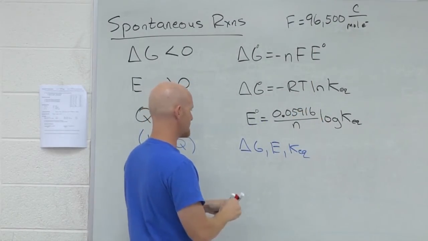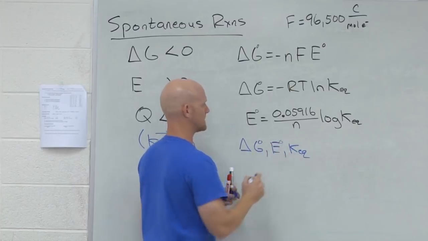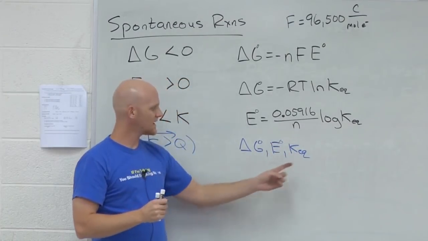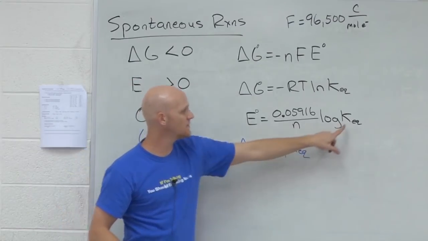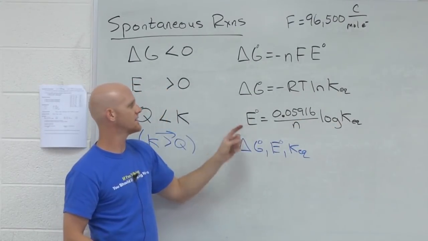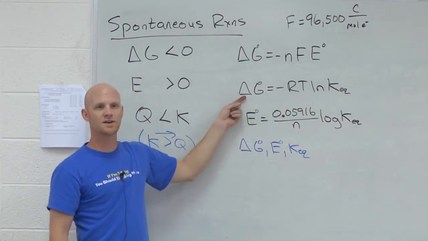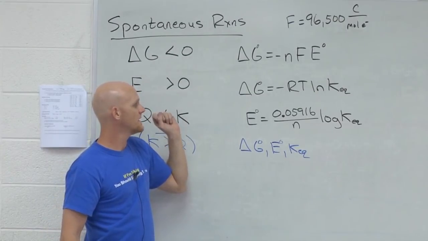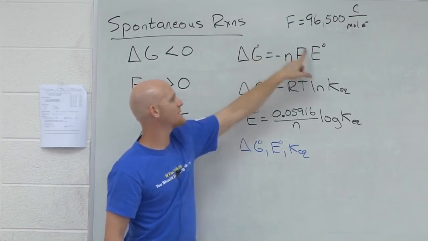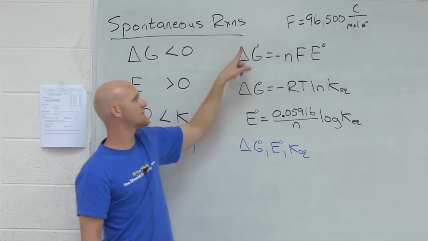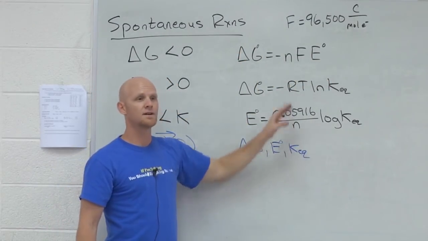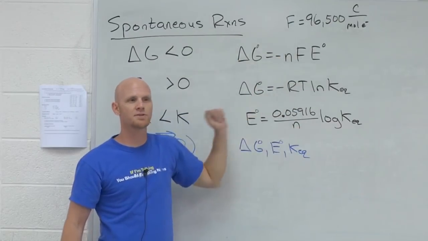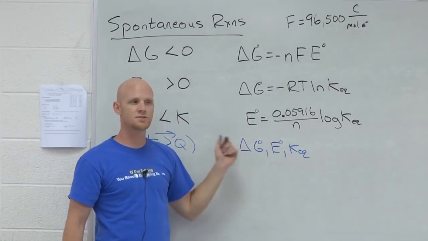But here's the deal. I give you one of these 3, I can expect you to solve the other 2. If I give you K eq, I can expect you to get E standard. If I give you K eq, I can expect you to get delta G standard. If I give you delta G standard, I can expect you to get E standard. If I give you E standard, I can expect you to get delta G standard. So any one of these 3 is given, from these 3 equations, you should be able to calculate either of the other 2 that I ask you.